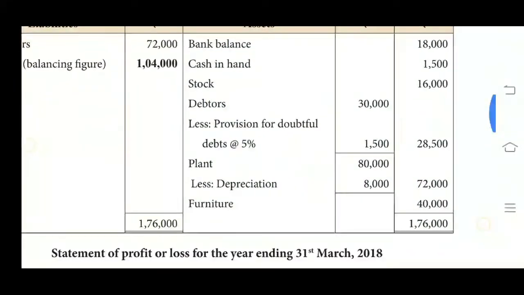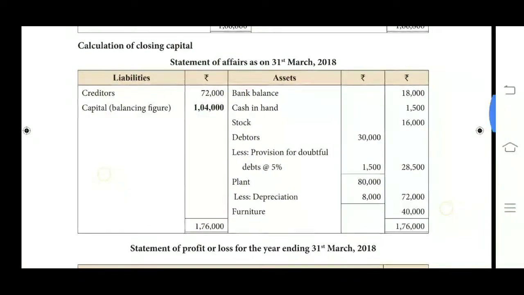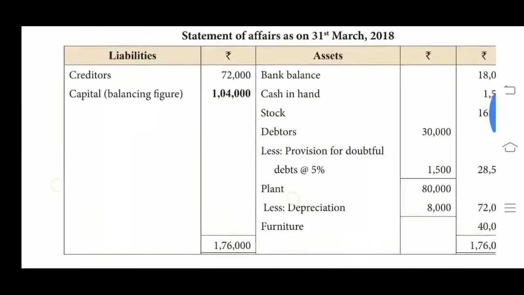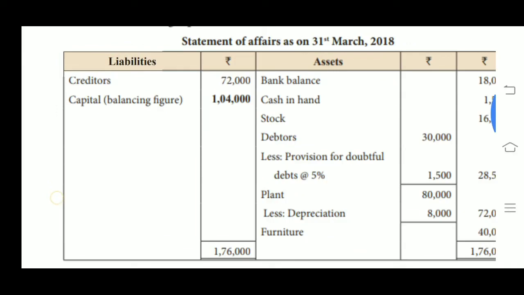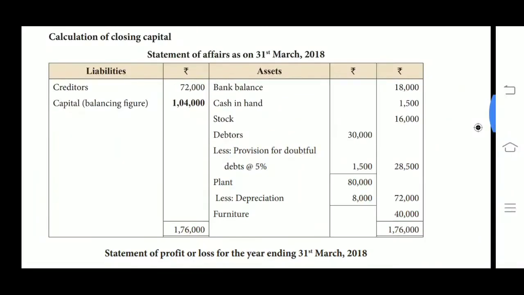And then liability side, creditors 72,000. So total the asset side value, the highest value, asset side 1,76,000. The same amount is entered on both sides. So liabilities value is just 72,000. 72,000 is deducted from the assets value.